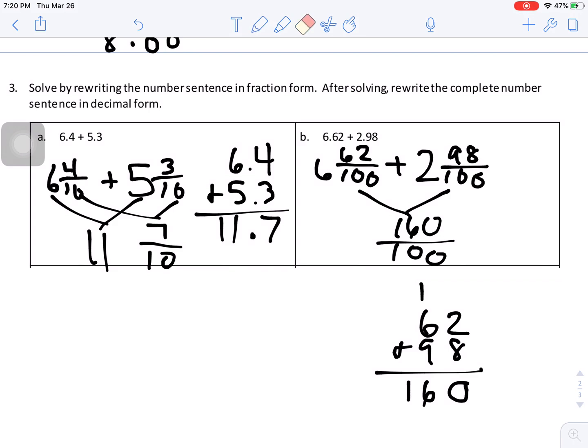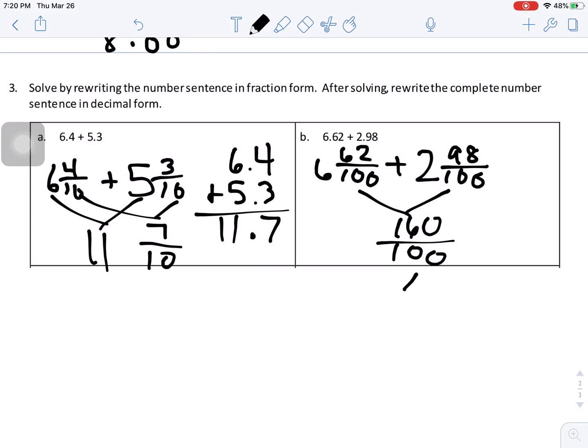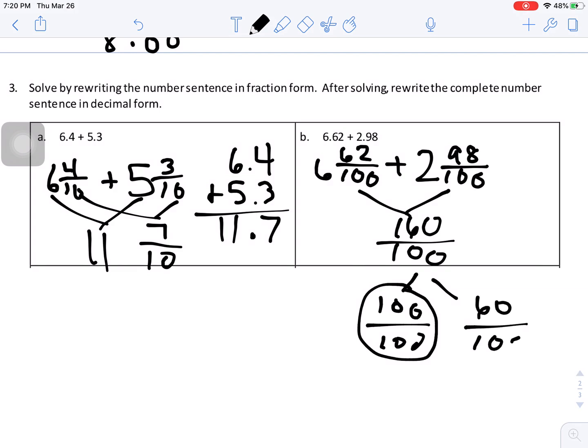When a fraction is improper, we have to turn it into a mixed number. So I'm going to take out the whole. The whole is 100 hundredths. I'm going to circle it to show that it's a whole. I would have 60 hundredths left.